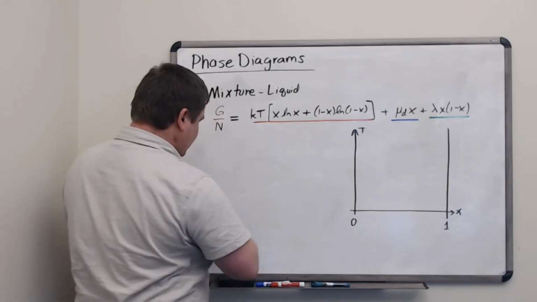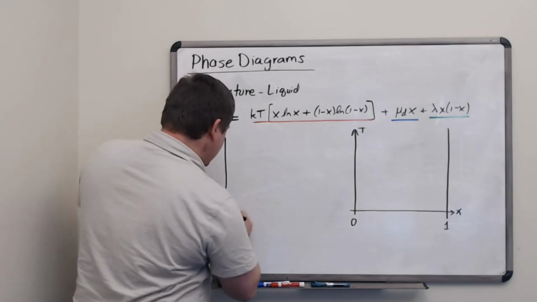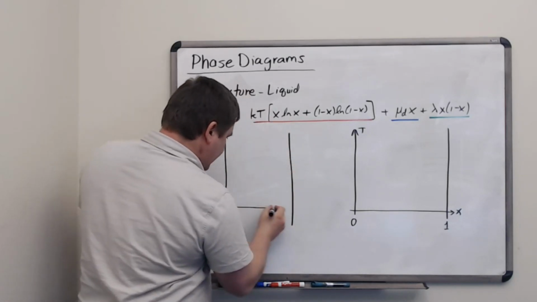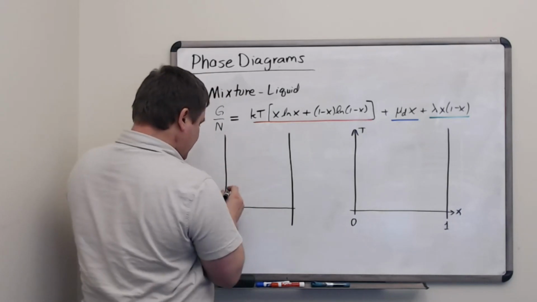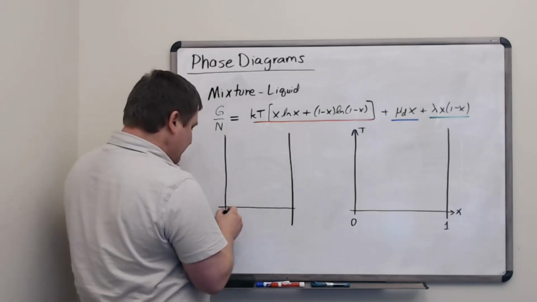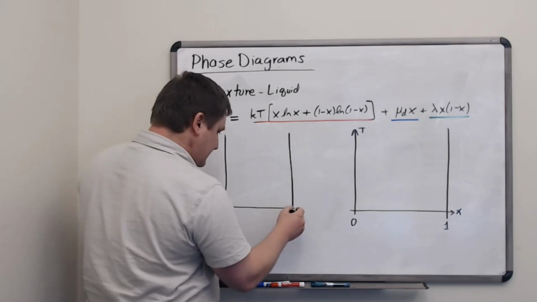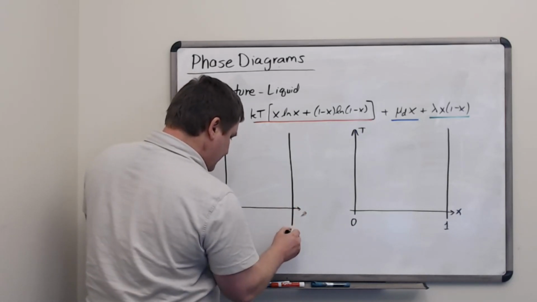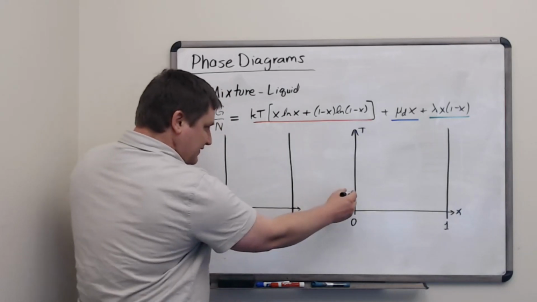Then on the left side over here, I'm going to draw an example of what the Gibbs free energy might look like as a function of x between 0 and 1 for some specific temperature.